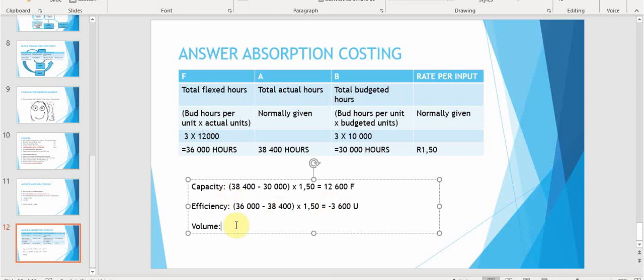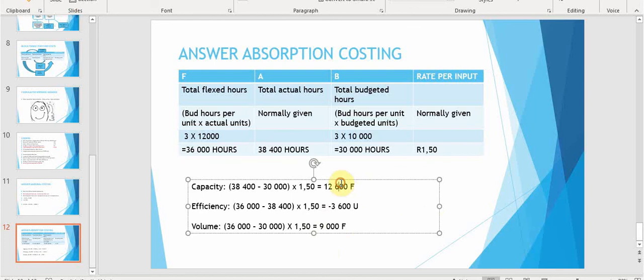Then the volume variance is the flexed and the budgeted difference. So that will be your 36,000 hours minus your 30,000 hours times R1.50, and that gives us how much? 6,000 times R1.50 gives me 9,000 favorable.